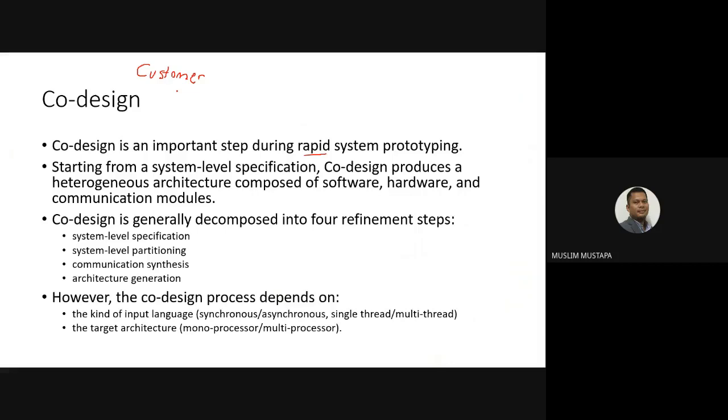Even cars now have their own SoC. Mazda, BMW, Toyota, all of them are competing to be first in the market. That's why there's a term rapid prototyping, because they all need to use SoC. So when they want to be fast, they have to have a very fast process.